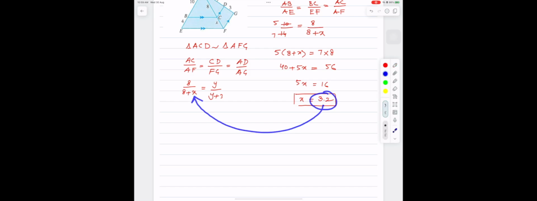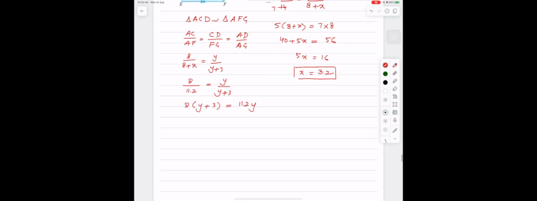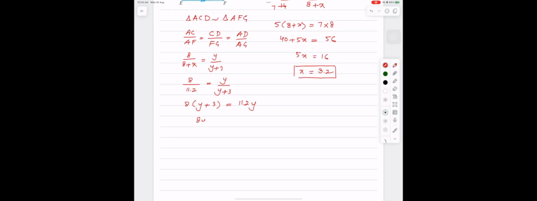Since we have the value of x, plug that value here in this denominator. That is 8 plus 3.2, which is 11.2, and that's equal to y over y plus 3. Now you can do cross multiplication. That is 8 into y plus 3, which is equal to 11.2y.